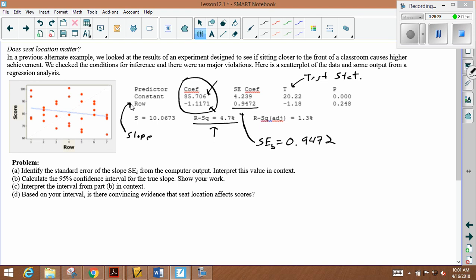All right, so if we're going to interpret this value, if we were to take repeated samples of this size, the slope should vary by 0.9472 from the true regression.